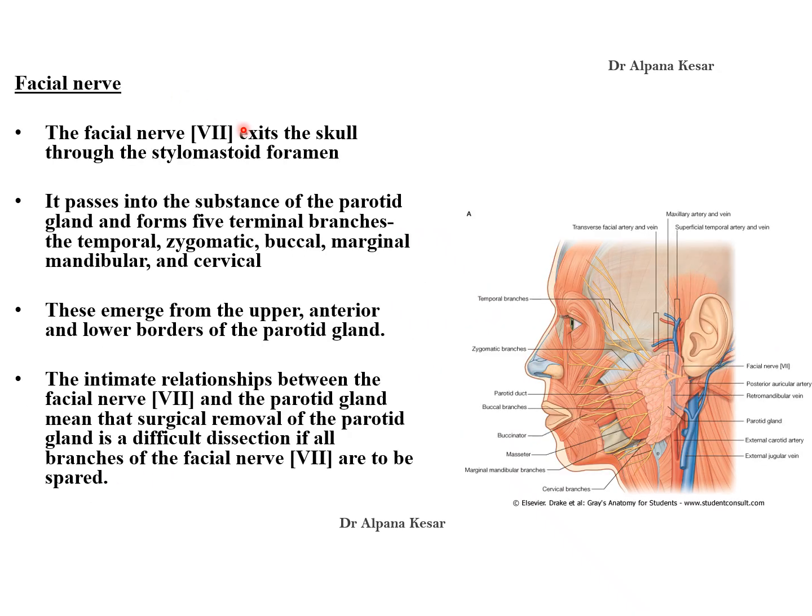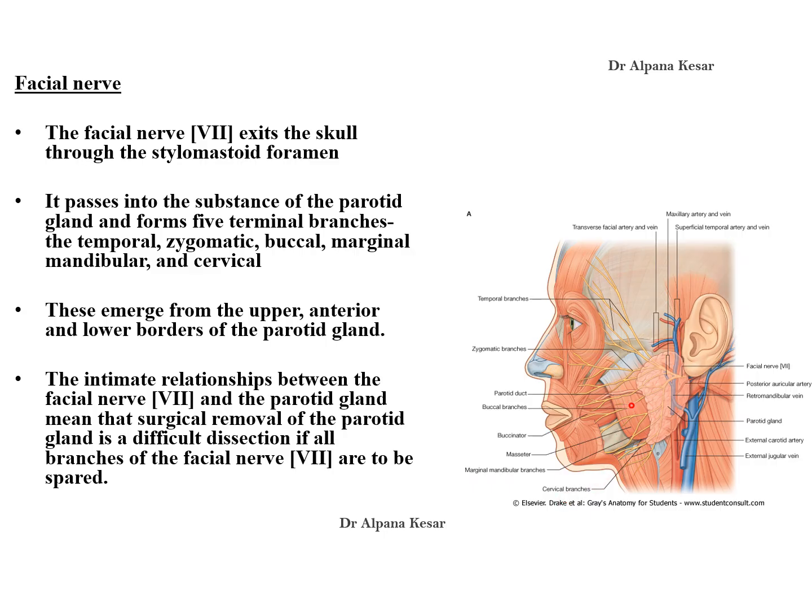Facial nerve. Facial nerve, after coming out of the skull through the stylomastoid foramen, enters the parotid gland at its posterior border. Within the parotid gland, the facial nerve divides into its 5 terminal branches, that is temporal, zygomatic, buccal, marginal mandibular and cervical.